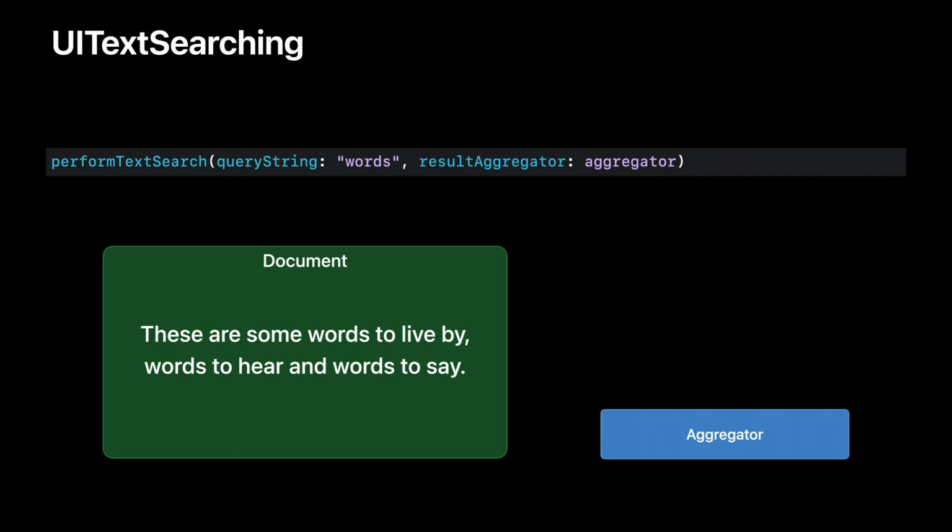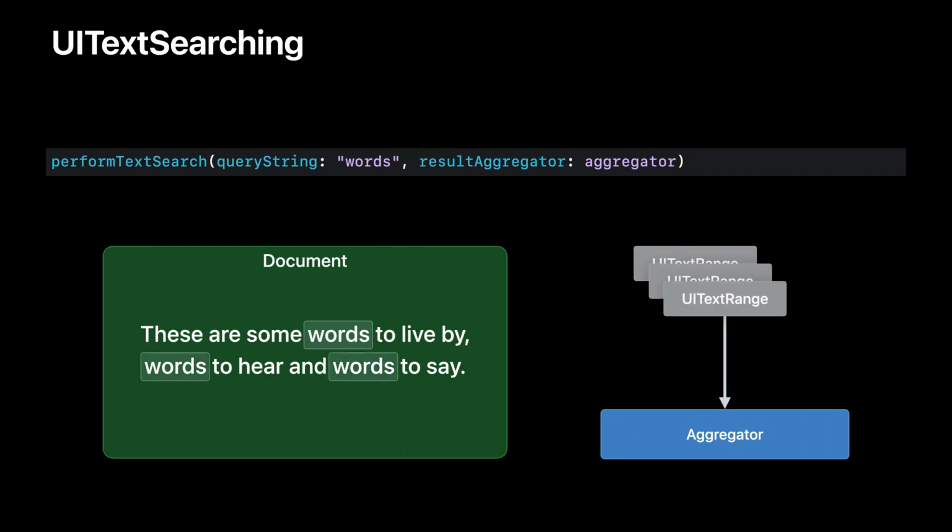The class which implements the UI text searching protocol is responsible for actually finding text in your document. The system will call perform text search and hand you an aggregator object to which you can provide results. The aggregator works with UI text range to represent results in your document. This is another abstract class that you can use to encapsulate whatever data makes sense for how you store text.